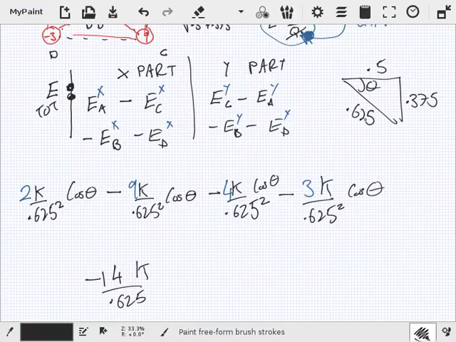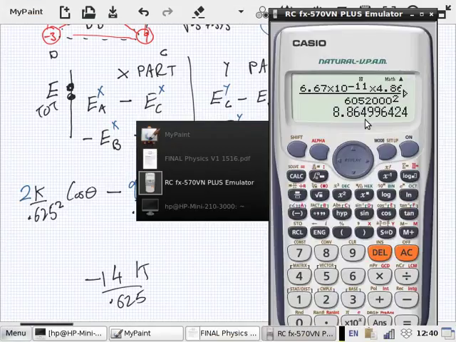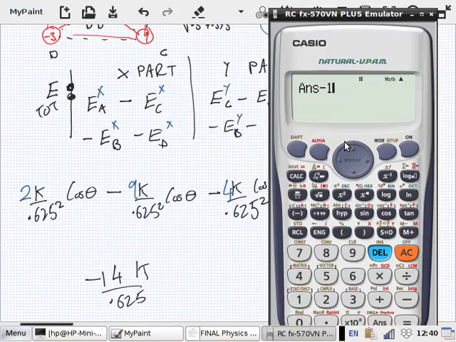So this will be minus 14, what? Minus fraction 14 over 0.625 squared, and the K is, what's the K? 1 over 4 pi epsilon 0, wasn't it? So what's the epsilon 0, please?